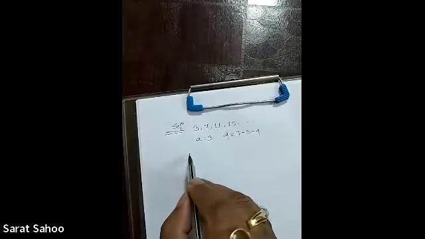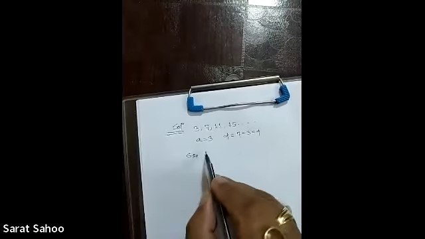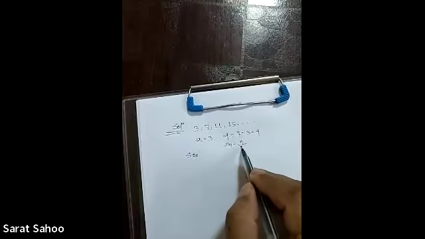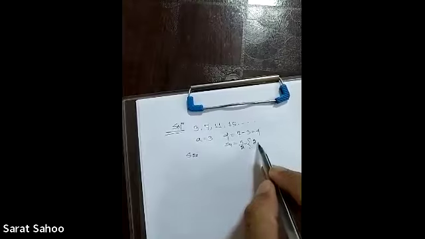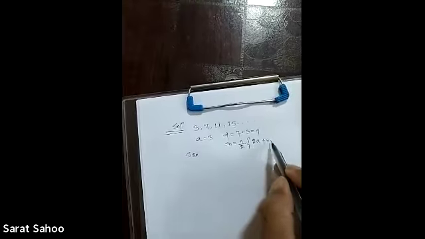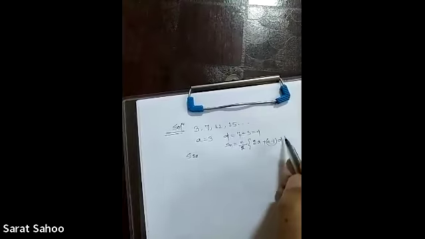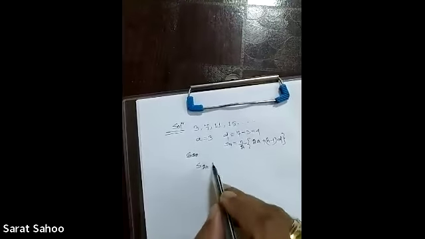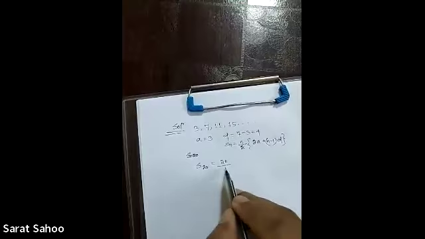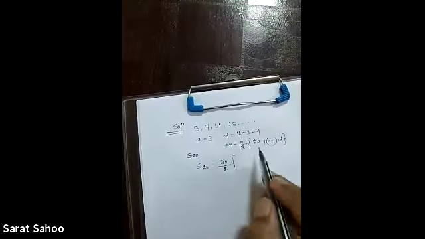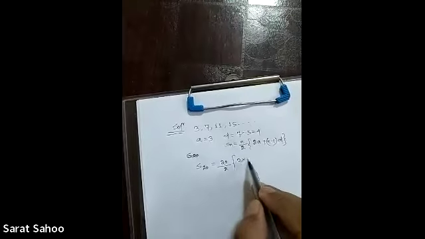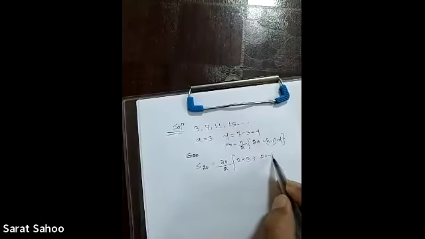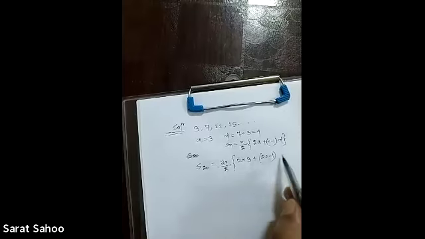So S20. Sn is equal to n by 2 whole into (2a plus (n minus 1) into d). So S20 is equal to 20 by 2 into (2 into 3 plus (20 minus 1) into 4).